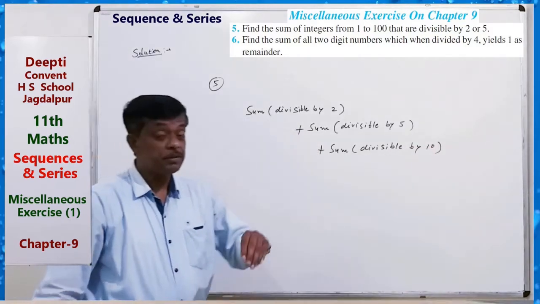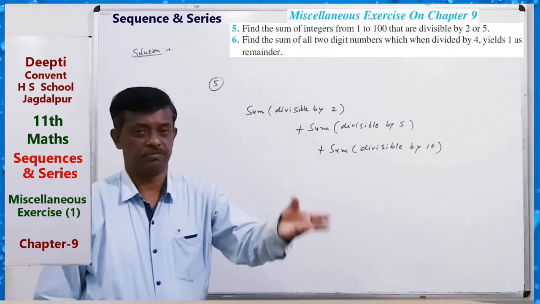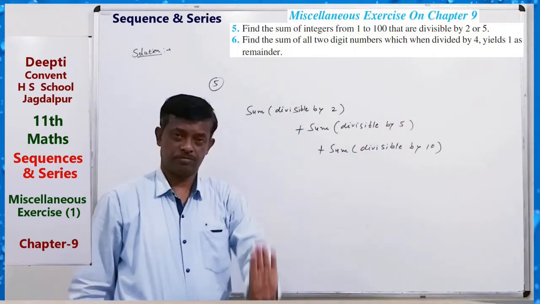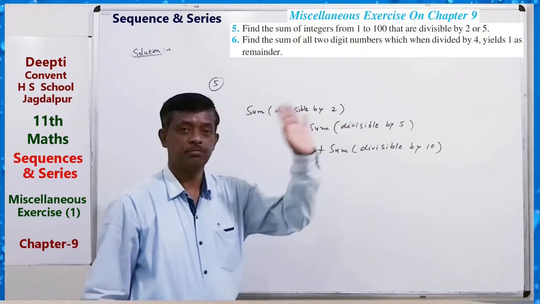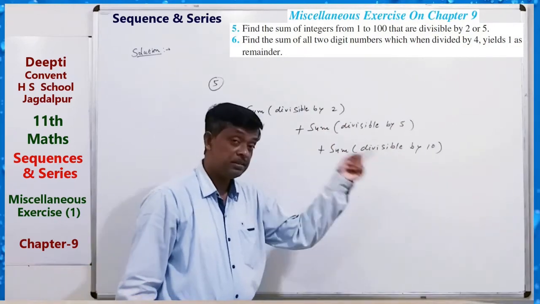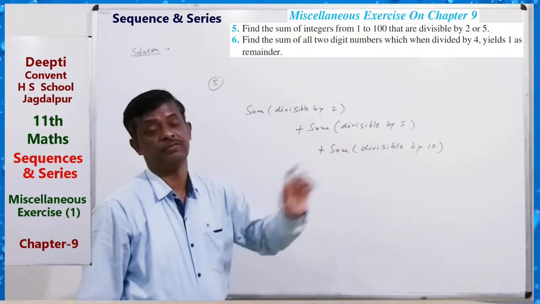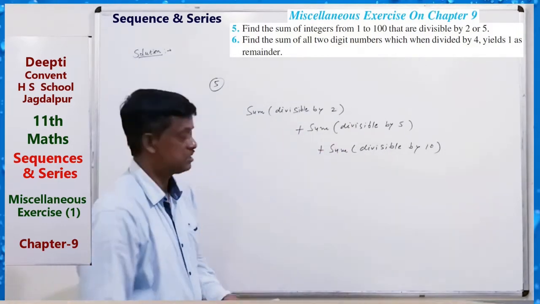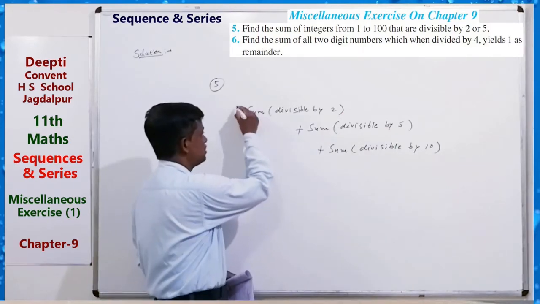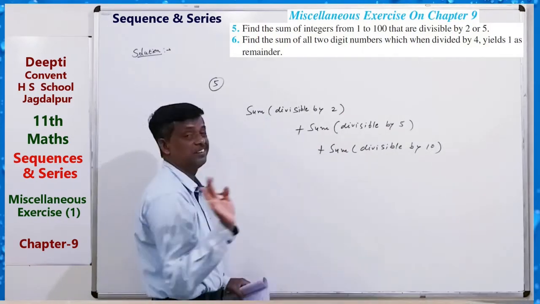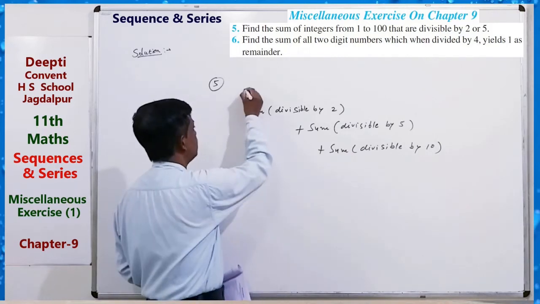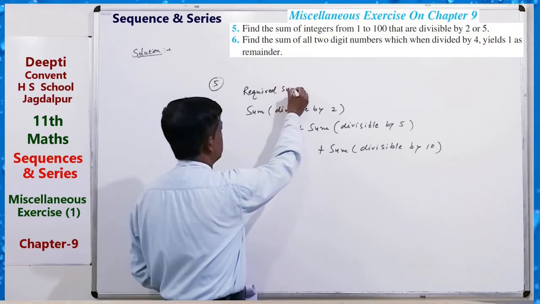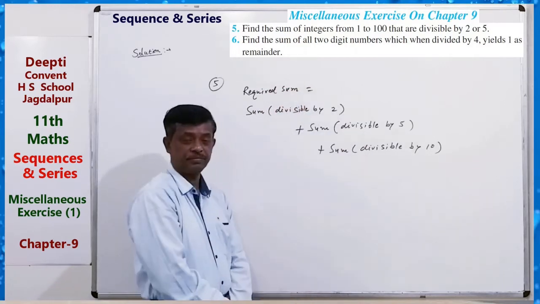Because divisible by 2 or divisible by 5 means divisible by 2 plus divisible by 5, and the numbers divisible by 10 are counted in both, being divisible by 2 and 5. So we have to find it in 3 steps. First, this is our required result. A required sum is equal to this.